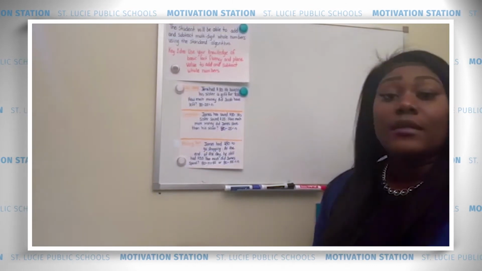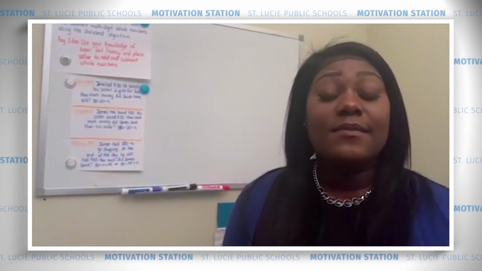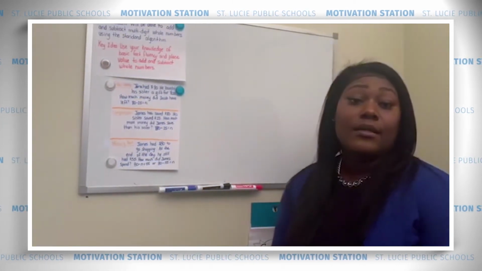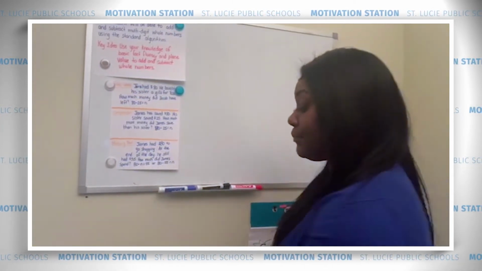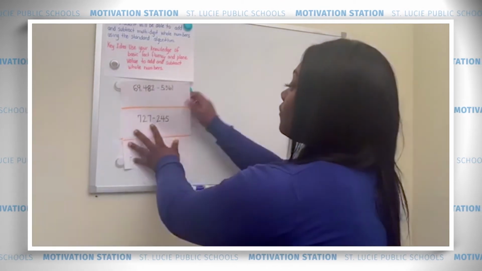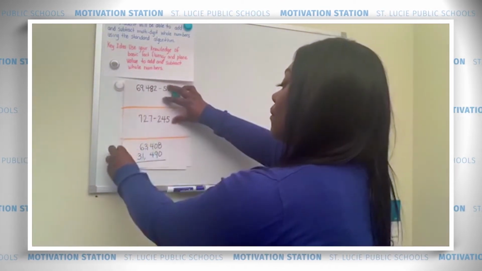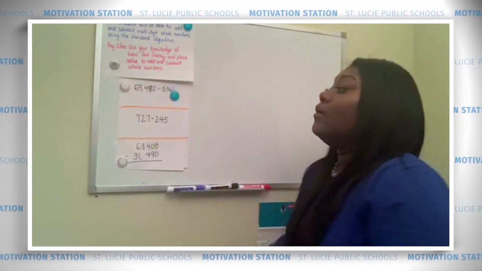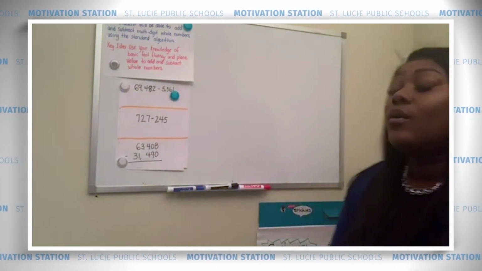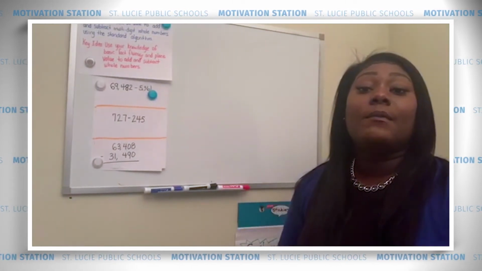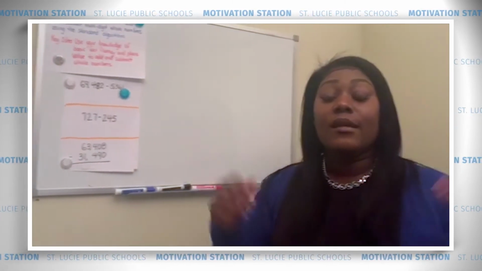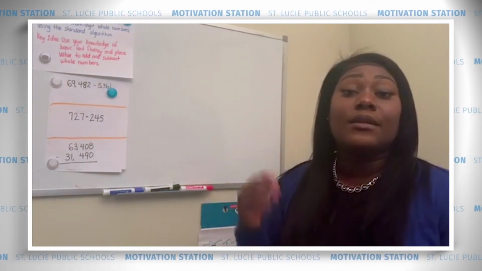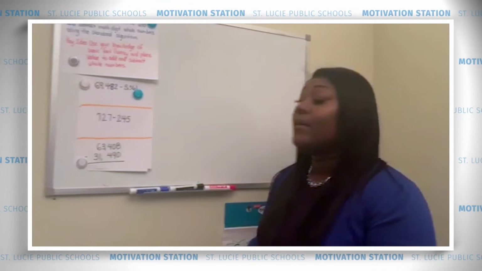So now that we've taken a look at the three types of subtraction problems, we are going to get into practicing subtraction. The same as with addition, if you are trying to solve a problem that has been written horizontally, you want to rewrite that number vertically and stack your numbers in the correct columns for the place value.